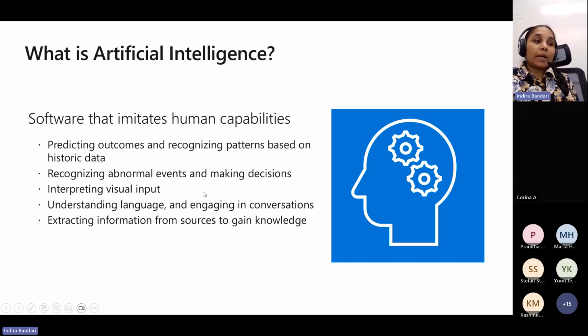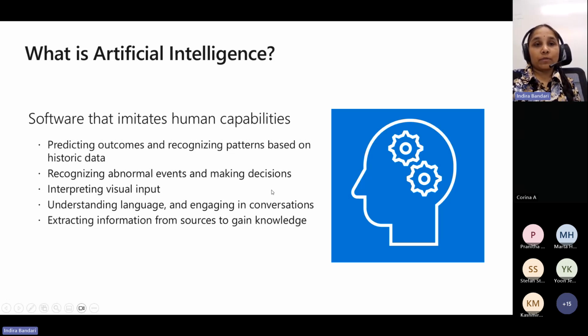We communicate by writing and speaking and engage in dynamic conversations, responding appropriately, right? That is understanding language and engaging in conversations. And we can extract information from multiple sources to extend our own knowledge. So we see this news, that news, and try to gain knowledge.